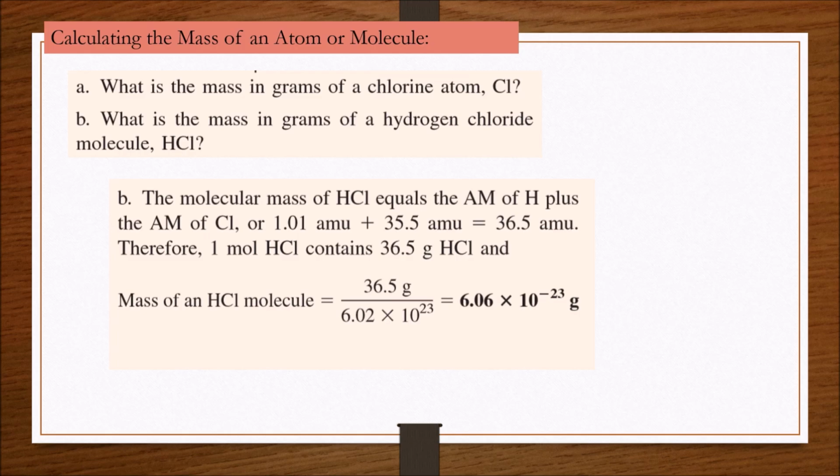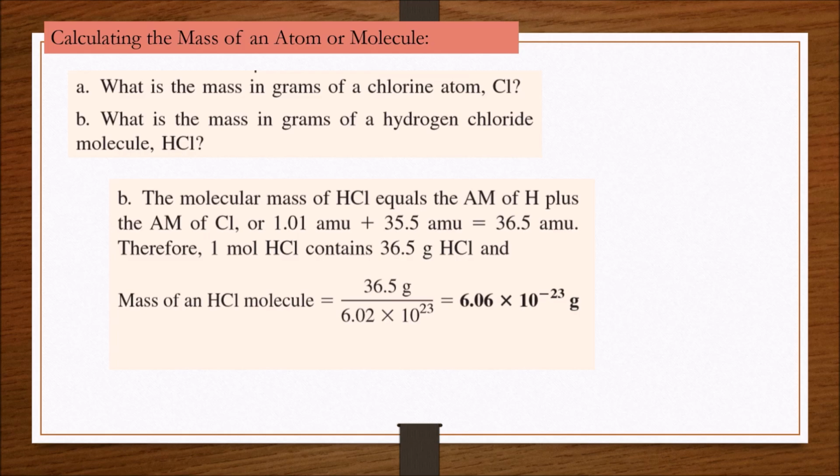So let's proceed to letter B. This is the solution. The molecular mass of hydrogen chloride equals the atomic mass of hydrogen plus the atomic mass of chlorine, which gives us 36.5 AMU.